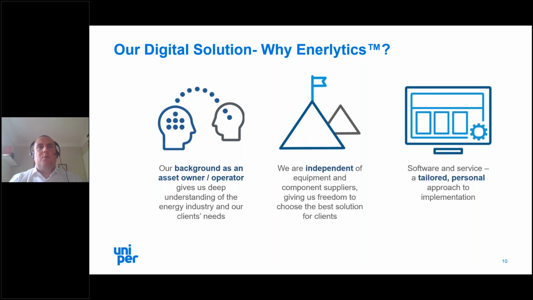What we also tried to do was use our background as an asset owner and operator to give us a better understanding of what the industry and our clients need. So coming at this from the point of view of an energy generator, we know that as an energy generator, ultimately you're in that market to be commercially successful, okay?